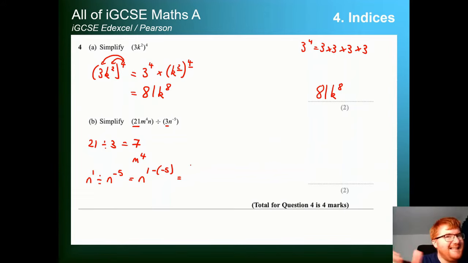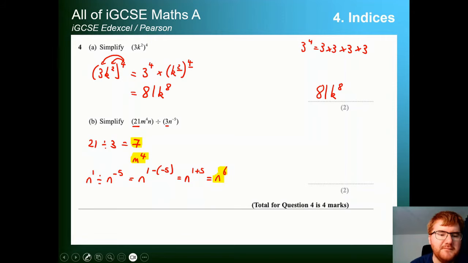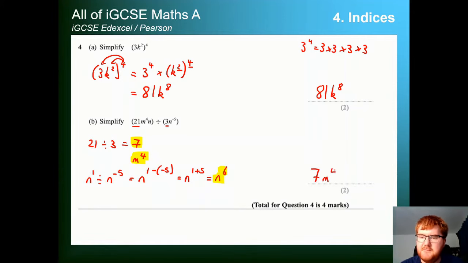Now, 2 minuses next to each other become a plus. So we get 1 plus 5, and that's equal to 6. And all we're going to do is bring the 7, m to the power of 4, n to the power of 6 all together to make our final answer. So we get 7, m to the power of 4, n to the power of 6, like so.